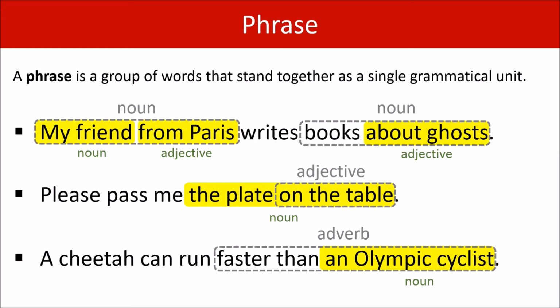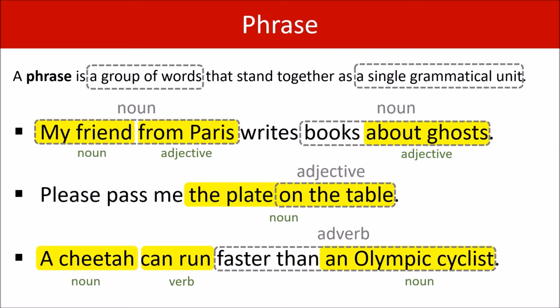And look, there are other phrases that I didn't even talk about. A cheetah. That is functioning like a noun. Can run. Well, that is clearly a verb phrase. So it can get complicated. But let's go back to the definition. A phrase is a group of words that stand together as a single grammatical unit.